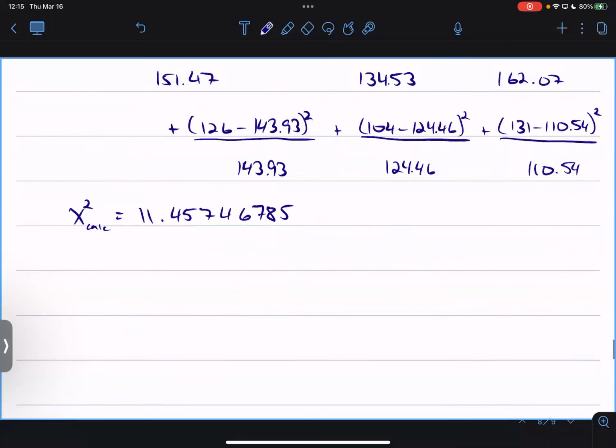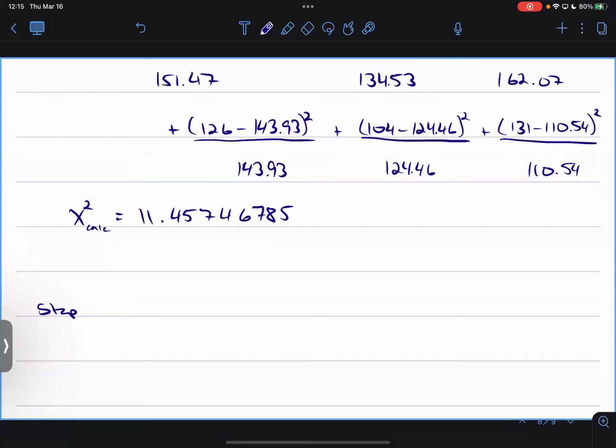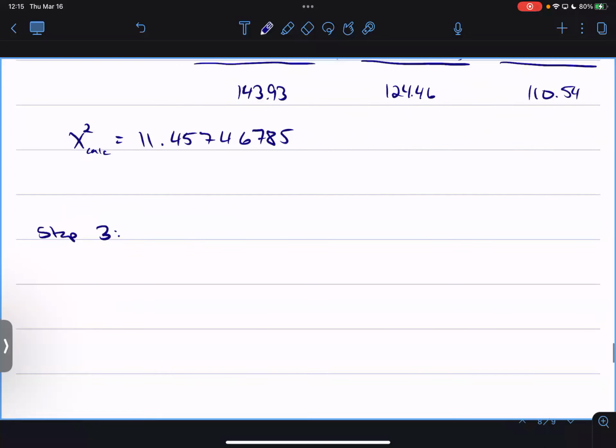Step 3, find the p-value, or if you prefer, find the critical value. You don't have to do both.